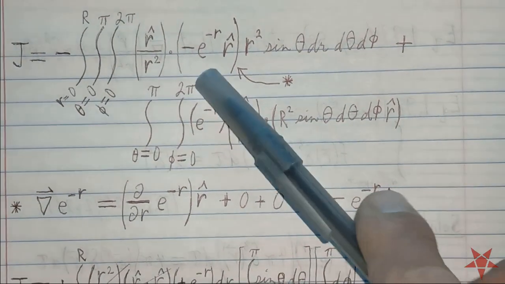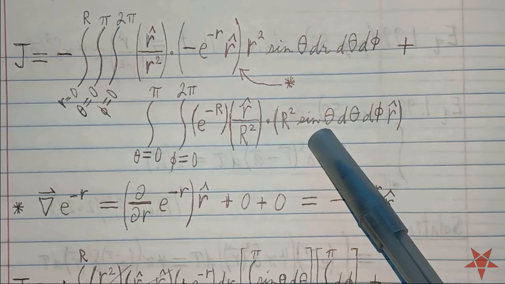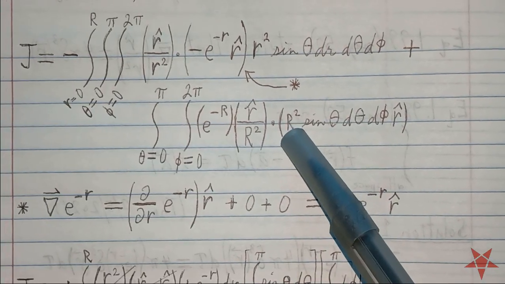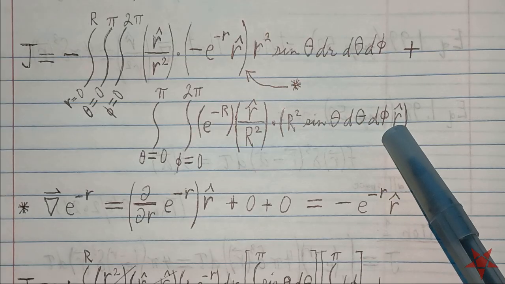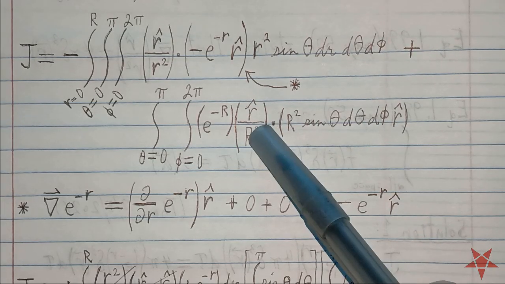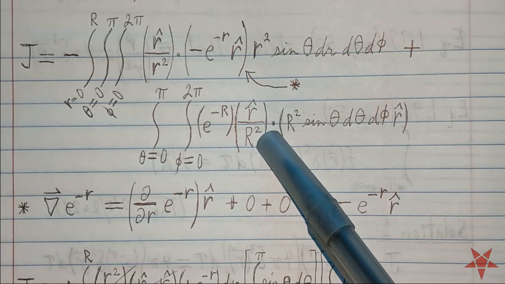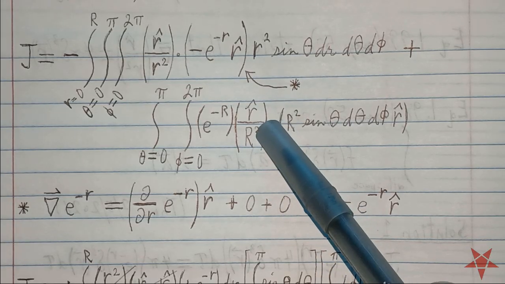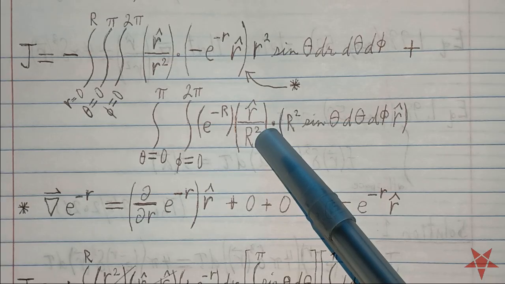Really, the only thing we're substituting in for here is dA. So dA is equal to capital R squared sine theta d theta d phi multiplied times r hat. And we will be dotting that with the first term, the vector r hat divided by capital R squared.